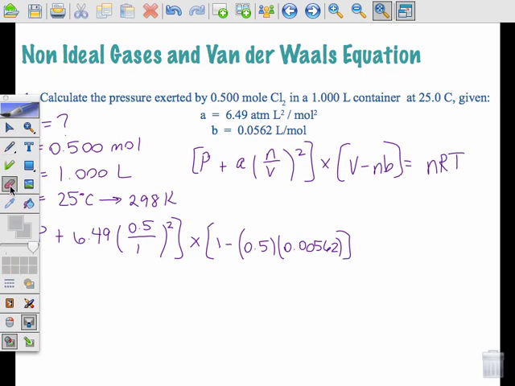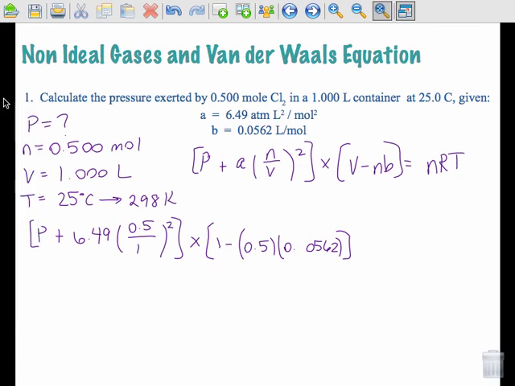Correct, that's 0.05. And then it's going to equal just nRT, which is 0.5 times 0.0821, ideal gas constant, times 298.